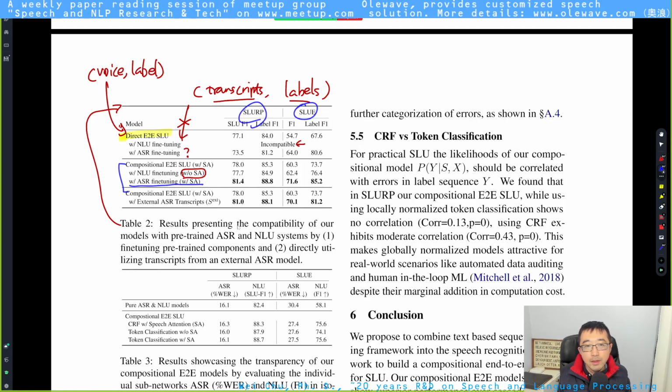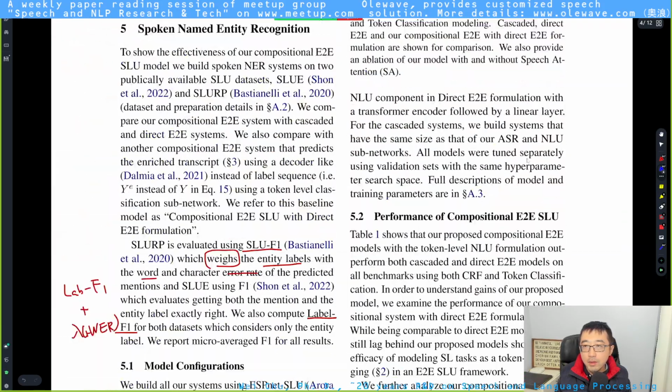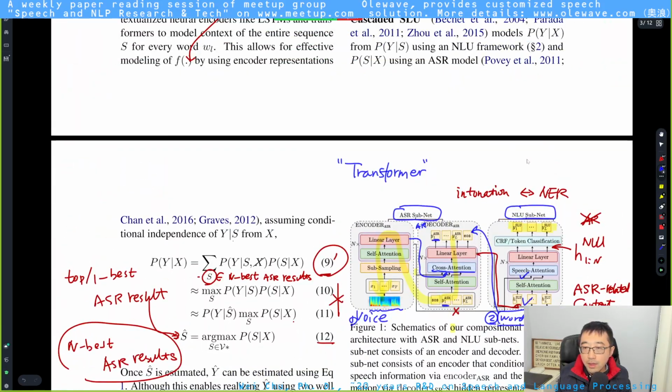And then what you can do with this external ASR transcript, what they actually meant, I think, is they run the alignments. What do I mean by running alignment? They do not train it. Remember, in the fine-tune ASR, you just fine-tune this, right? Using backprop. But they don't do this.